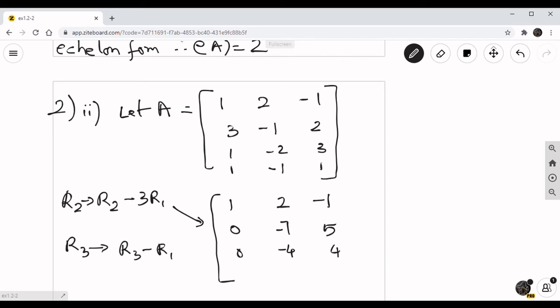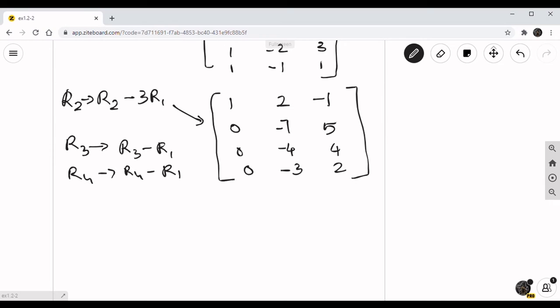Now row 4 is adjusted as row 4 minus row 1: 1 minus 1 is 0, minus 1 minus 2 is minus 3, 1 minus of minus 1 is 2. So this is the second step itself; we changed the 3 rows here. Row 3 divided by 4.